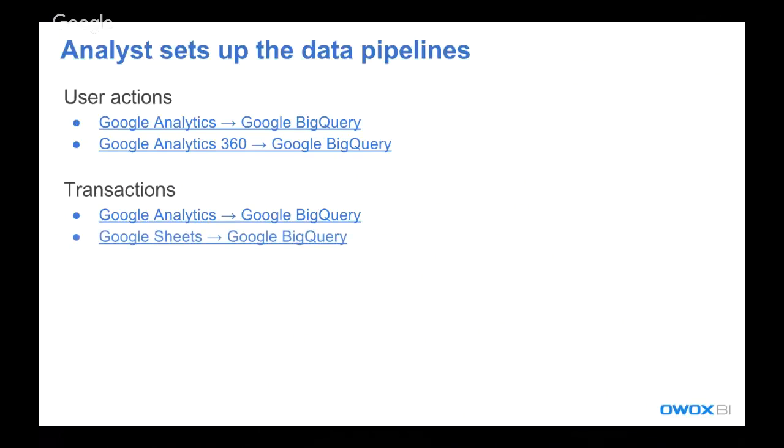So that's why there are several approaches to this. First, you can export data from your ERP system as a CSV file, then upload it to Google Sheets. And there is a connector that is written by us that we use for our clients, which you can use to send data from Google Sheets to Google BigQuery.